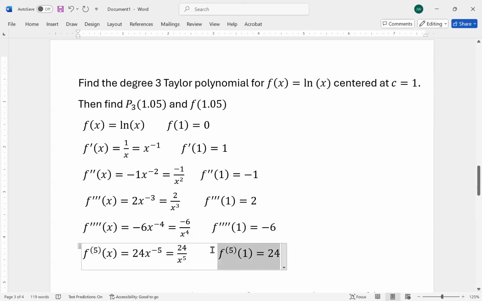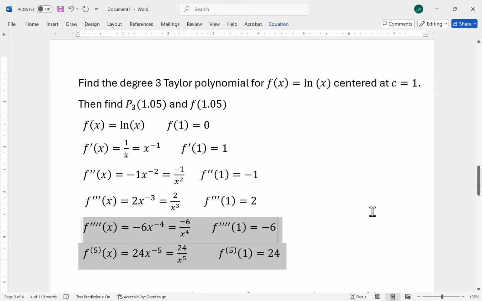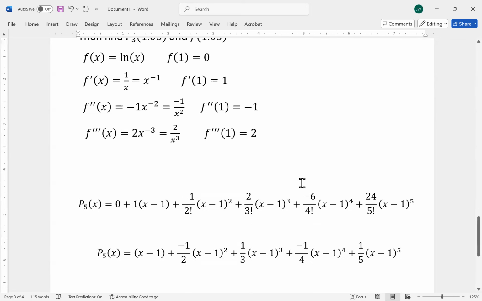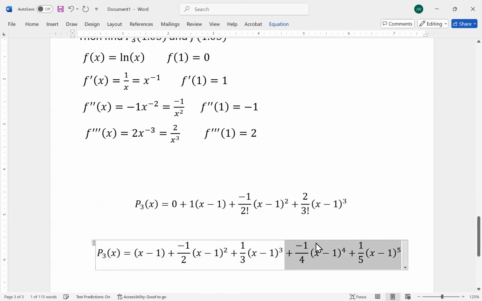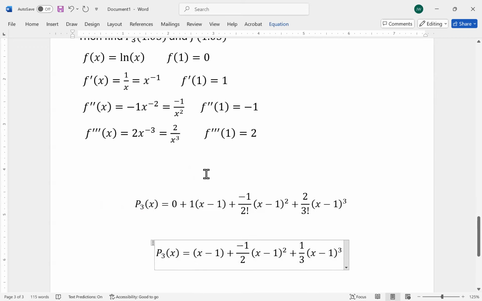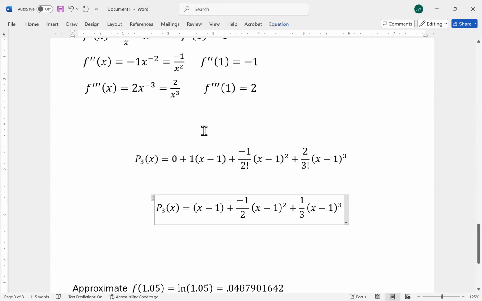I just don't need the fourth and fifth derivatives now. And in the same way, I could just change degree 5 to degree 3 by lopping off the degree 5 term and the degree 4 term. If I wanted to find the degree 3 Taylor polynomial, that's all I'd have to do.